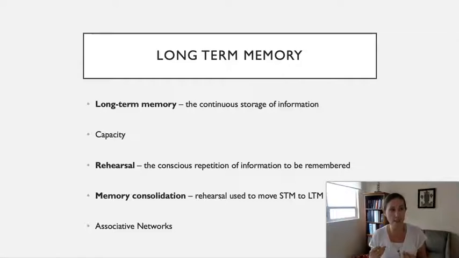If two concepts are associated more often, they go together more often, that link is going to be stronger in your mind. So if you remember one thing, it's easier to remember the other things in that associative network.